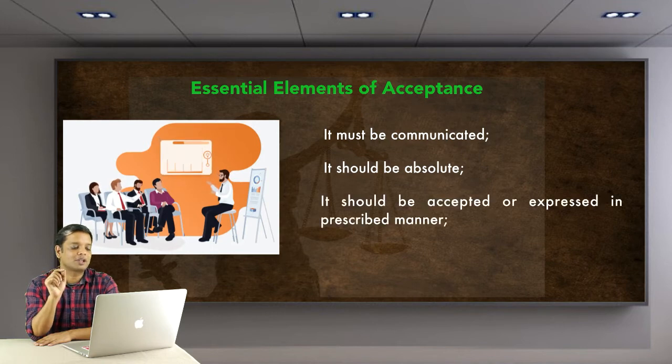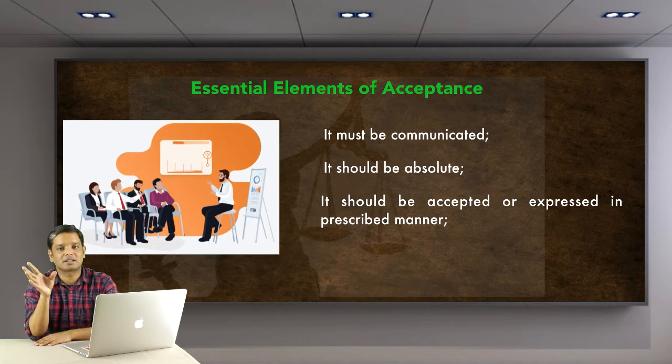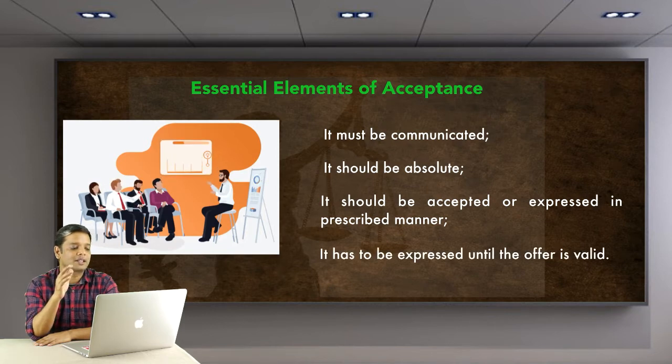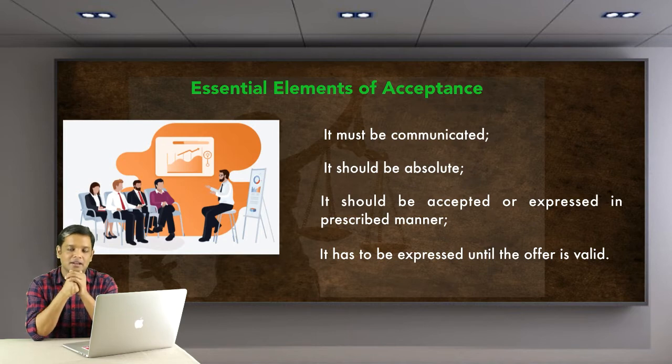It should be accepted or expressed in the prescribed manner. We have discussed that. It means whatever terms and conditions are given there, you have to accept accordingly. Lastly, it has to be expressed until the offer is valid. We have discussed that point as well. If I proposed something to you and gave you 5 days, fine, or else I will do something else.